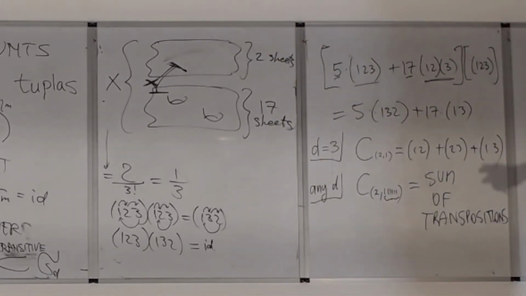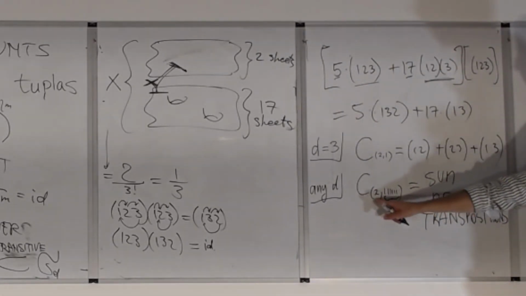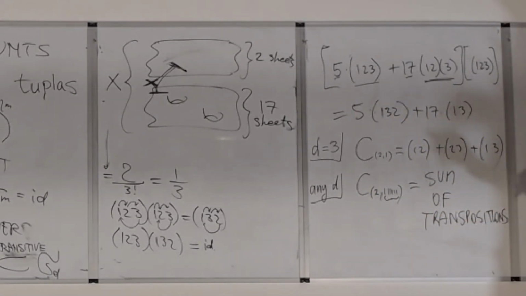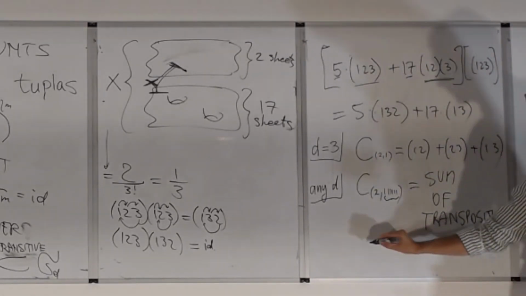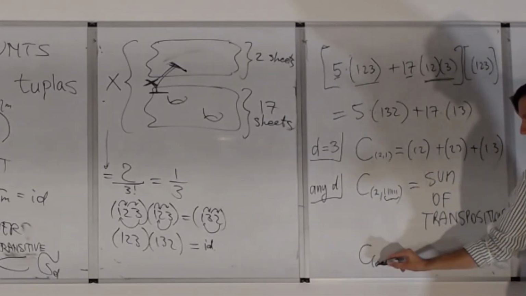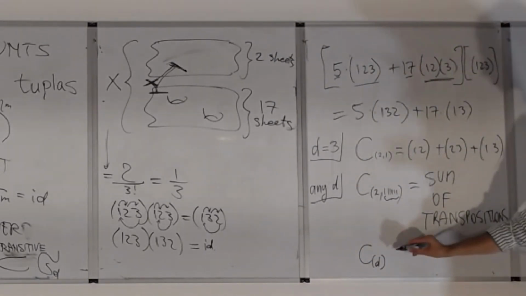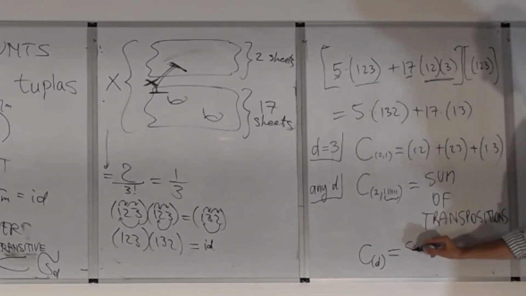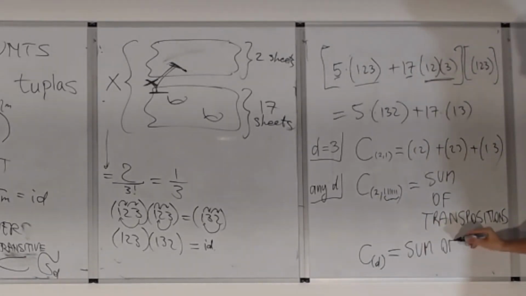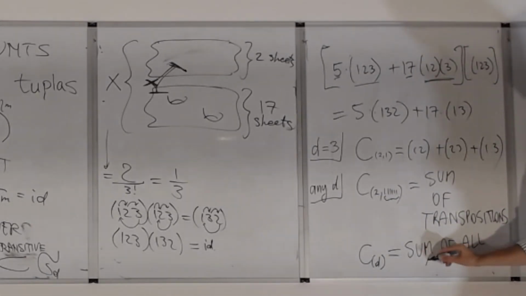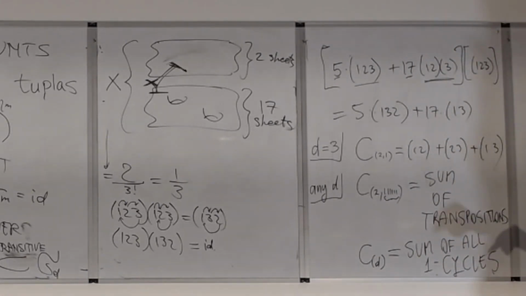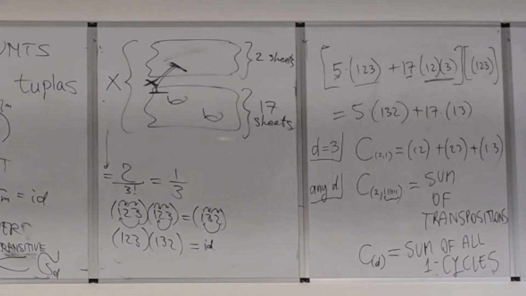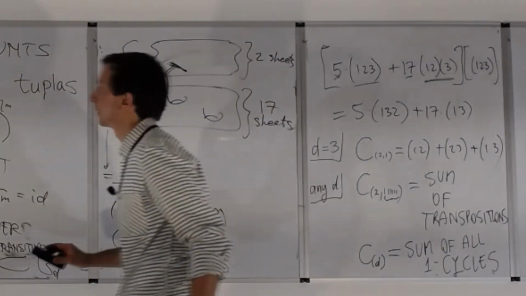Basically you take the sum over all elements that mix two sheets, and that's just, in general, for any d, the sum of the transpositions. And if you take C and here you have the partition (d), that's just the sum of all d-cycles. Does that make sense? And so now you can define simple Hurwitz numbers.